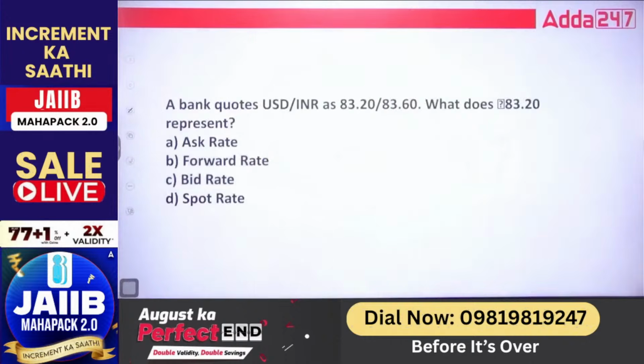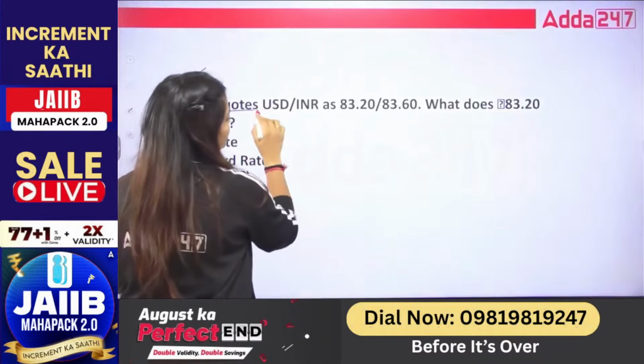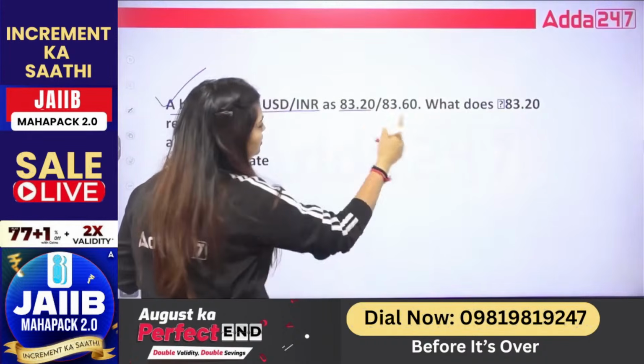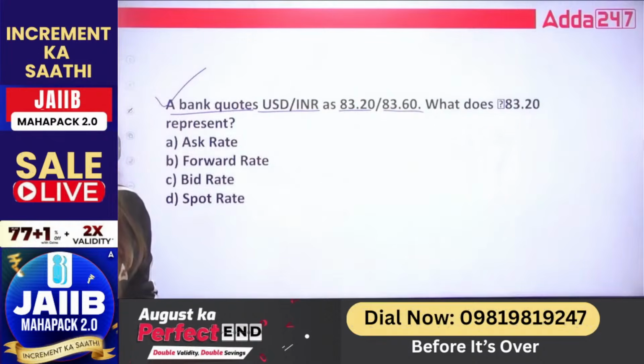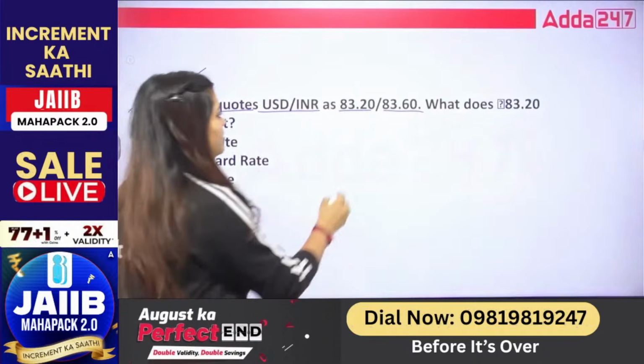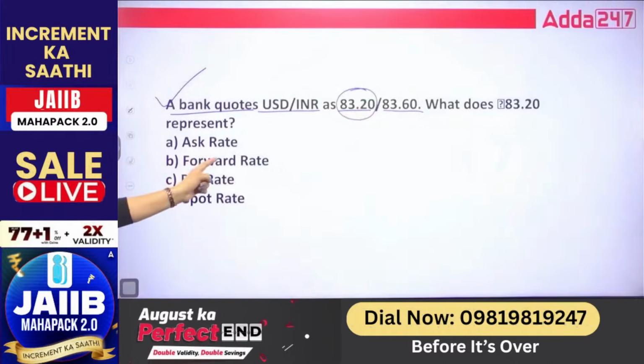So let's solve questions based on this. A bank quotes USD INR as 83.20 / 83.60. What does 83.20 represent? They are asking about this. Here the options are ask rate, forward rate, bid rate or spot rate.